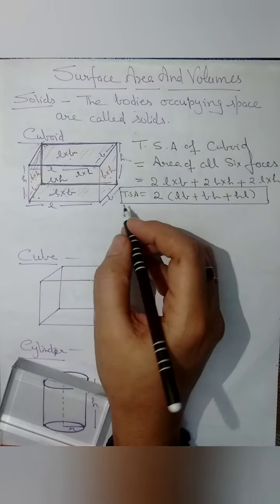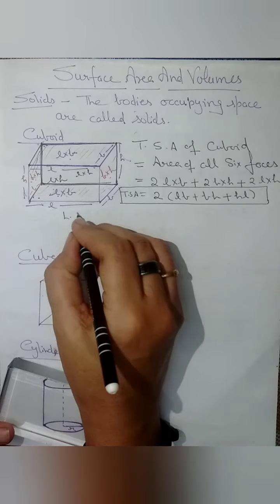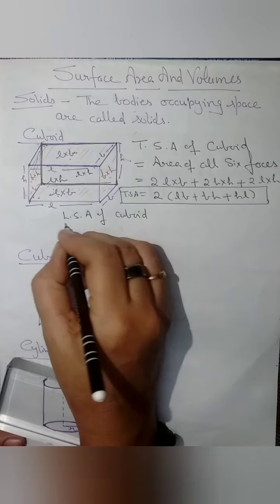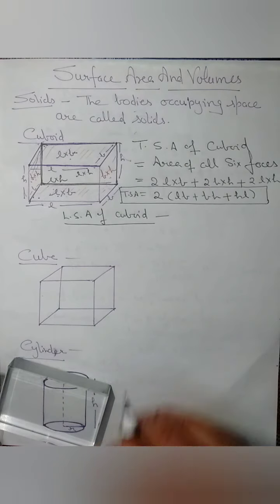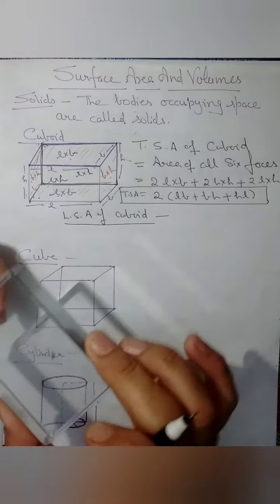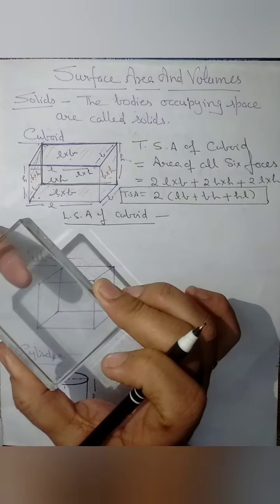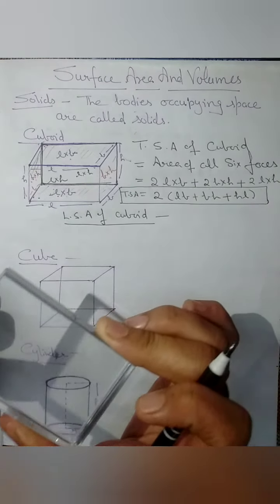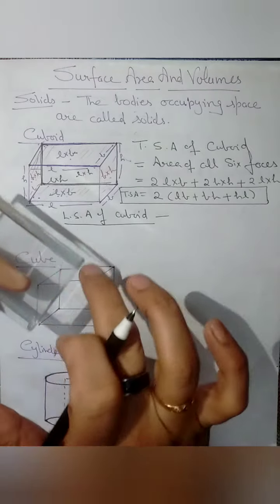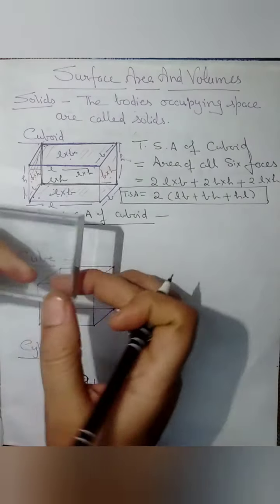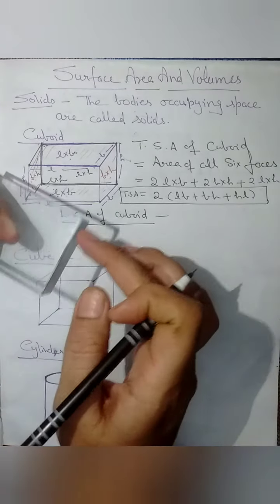Now suppose you have to find the LSA of the cuboid. LSA means we will exclude the top and bottom. We will only consider the side faces. How many faces are there? 1, 2, 3 and 4.